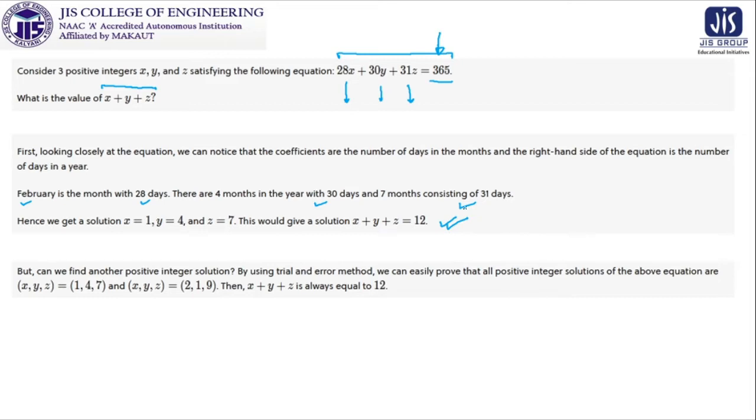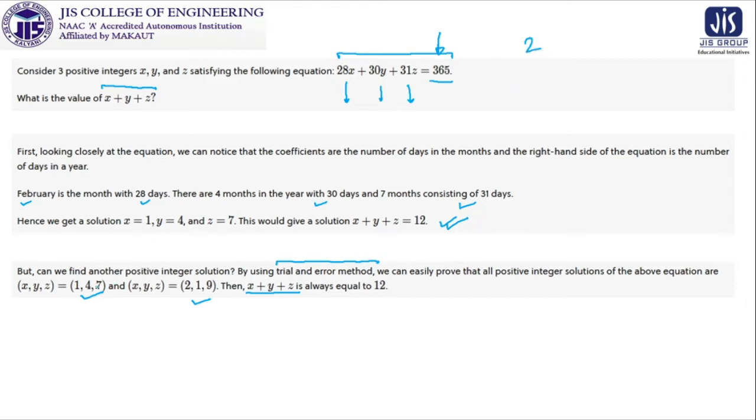But before going into that, we can find other positive integer solutions for this, and a trial and error method gives us that as well: 1, 4, 7 as well as 2, 1, 9 is also capable, but ultimately the summation is 12. Now look at this, 7 is going to 9, means 31 is taken 9 times, that means 2 times extra, so 2 days are extra.